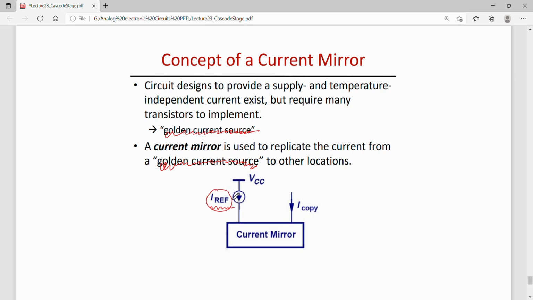Now the next job is to copy this current source in various locations in the integrated circuit. In an IC, you may require to use this current to bias many transistors, and there are millions, in fact trillions of MOSFETs on integrated circuits.